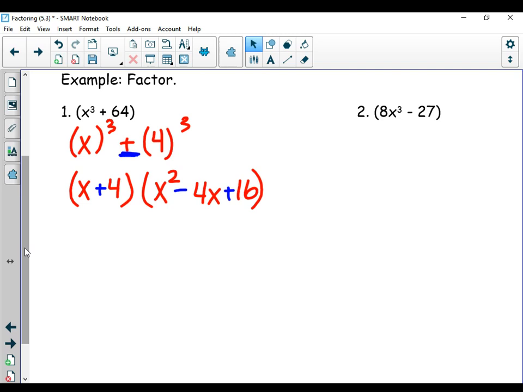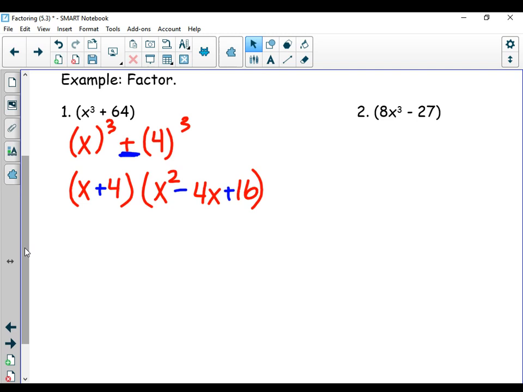So if you had to solve this problem and find the zeros, you would set x plus 4 equal to 0, which would just get you x equals negative 4. But then you would always have to do the quadratic formula on the second one. Always. And if we had to solve here, this is always going to be the quadratic formula.